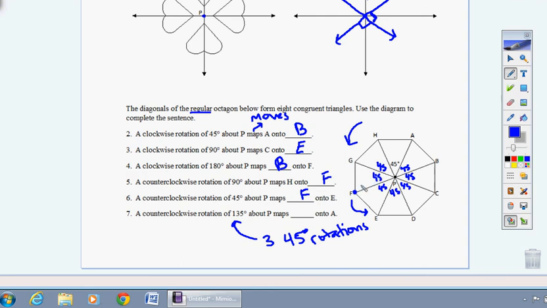If I start at point A and go backwards 135 degrees, so that's 1, 2, 3, I'm going to end up here on point D. So if I take point D and rotate it 135 degrees, three 45-degree rotations, counterclockwise, we're still going this way, I will end up on point A.